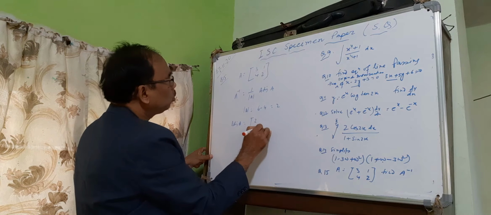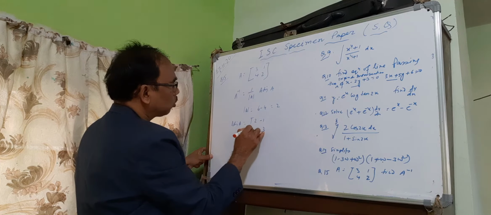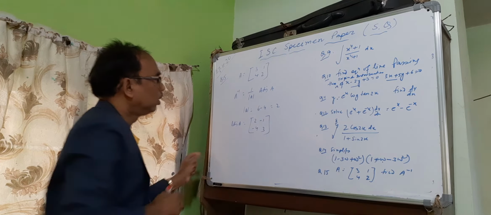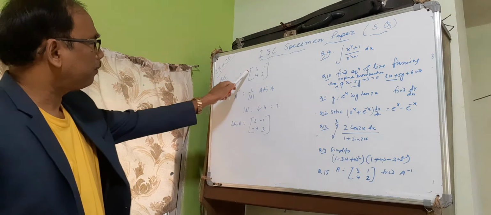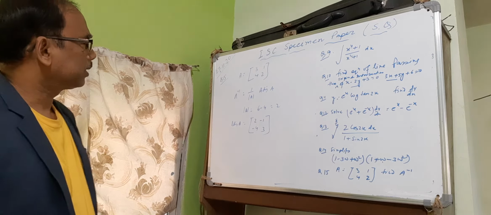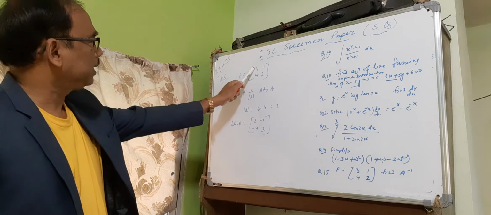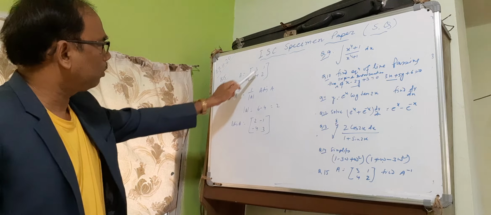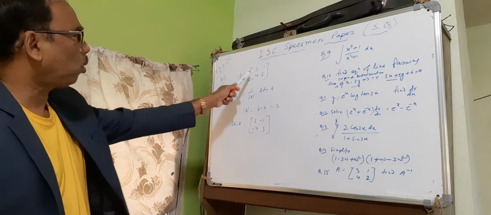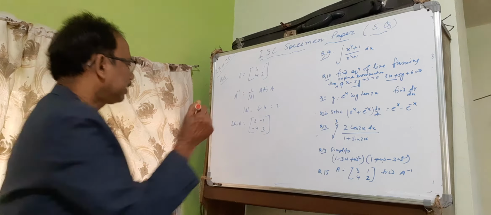And adjoint of A, as it is a 2 by 2 matrix, this diagonal will be interchanged, and this diagonal will have its sign changed. That is 2, 3, and minus 1, minus 4. I am telling again, if you want to find adjoint of A for a 2 by 2 matrix, the elements of this diagonal are interchanged and the elements of the other diagonal have their sign changed.